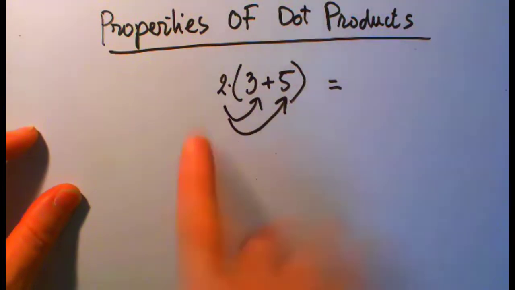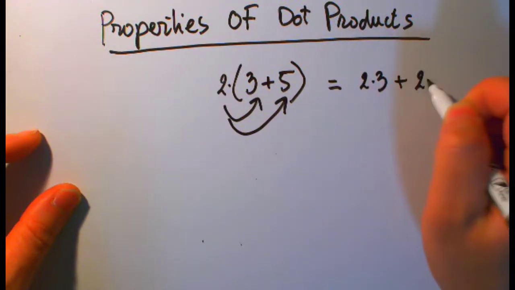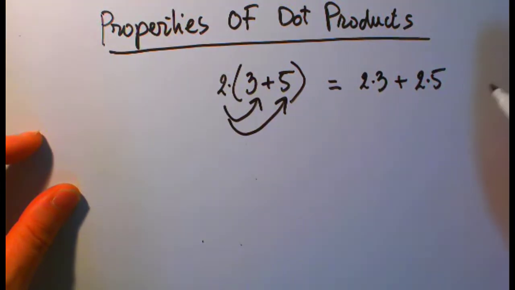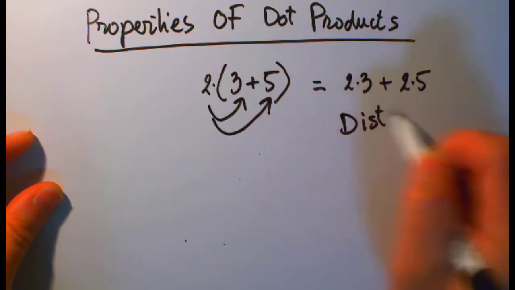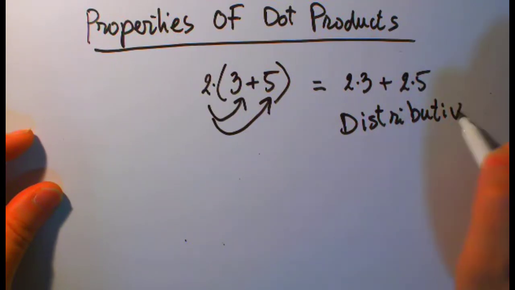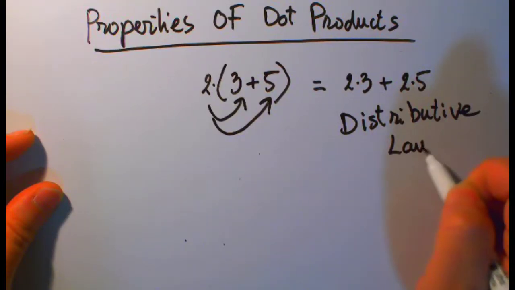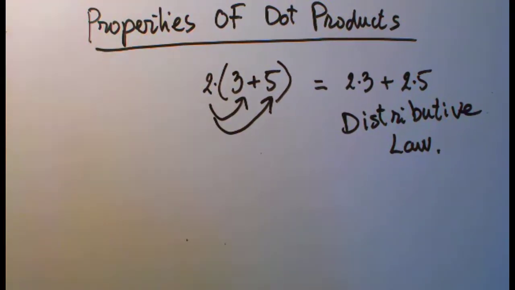And so we end up with 2 times 3 plus 2 times 5. This is nothing but the distributive law. But that was for the usual multiplications in terms of real numbers.